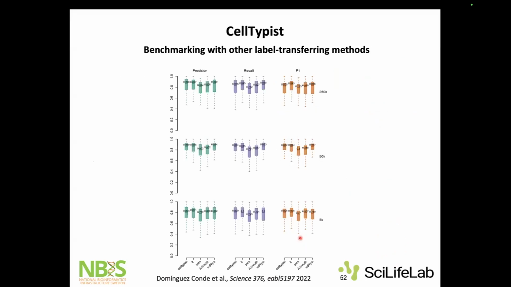And then they benchmarked it with other label transferring methods that they thought were similar to what they are doing here. They also showed that CellTypist, and logistic regression, the off-the-shelf one that hasn't been trained on single cell before, can perform very well.